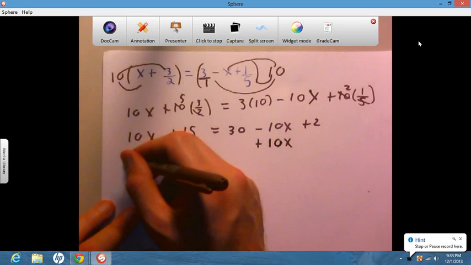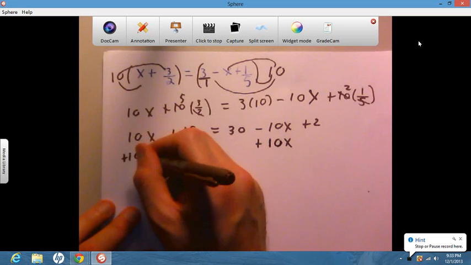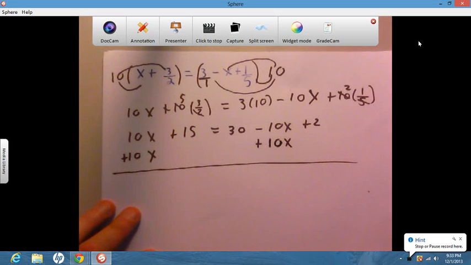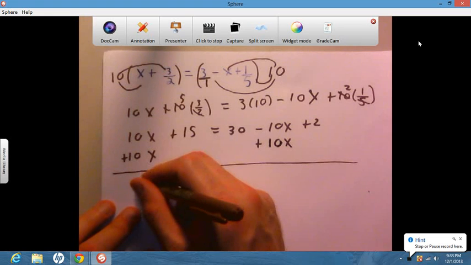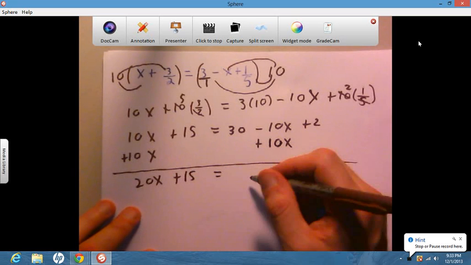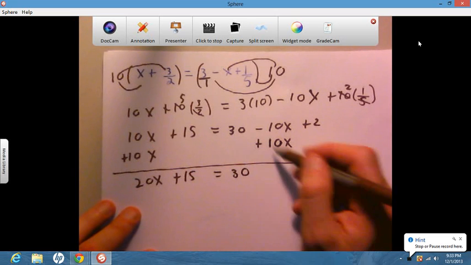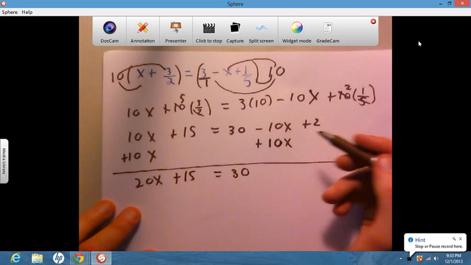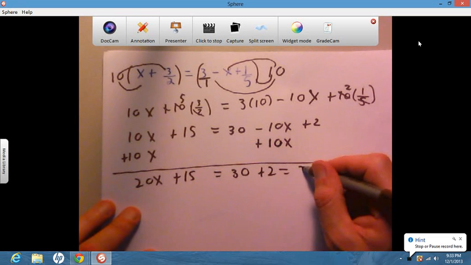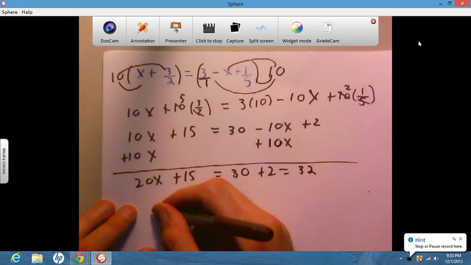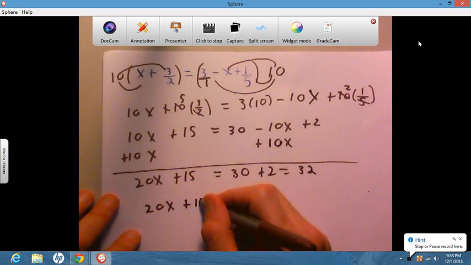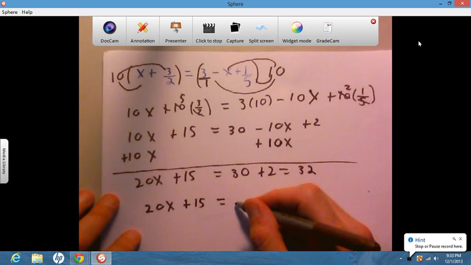And if we add 10x and 10x, we get 20x plus 15 is equal to 30. Now negative 10x and 10x can only give me 0. So I'm going to have 30 plus 2 is equal to 32. So we have 20x plus 15 is equal to 32.